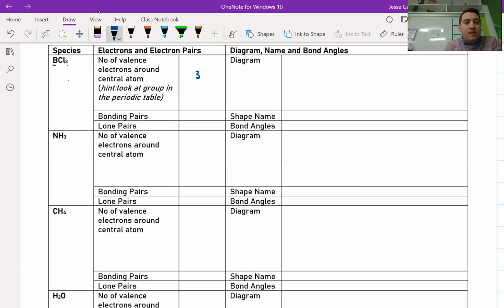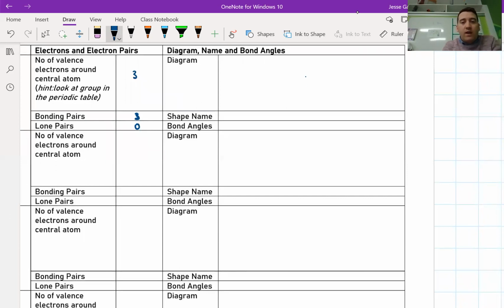How many bond pairs does it have? Well, B is bonded to 3 chlorines. So if B is bonded to 3 chlorines and it only had 3 valence electrons, well, they're going to make 3 pairs, 3 bond pairs. So we'll have 3 bond pairs, and there's none left over, no valence electrons left over to make a lone pair, so 0. Diagram wise, if we were to draw that, we would draw the B in the middle and the 3 chlorines around like this.